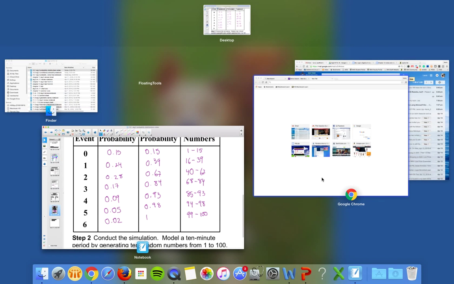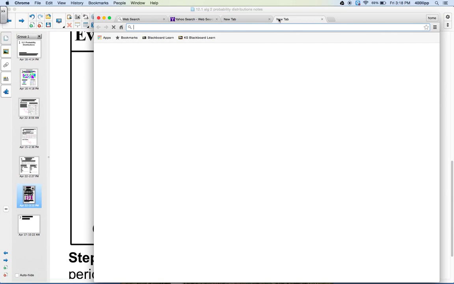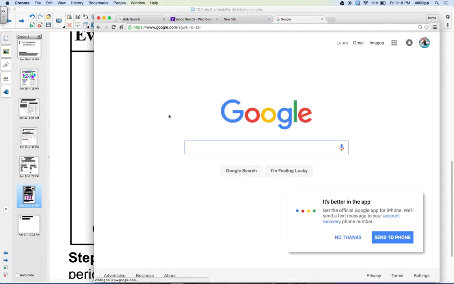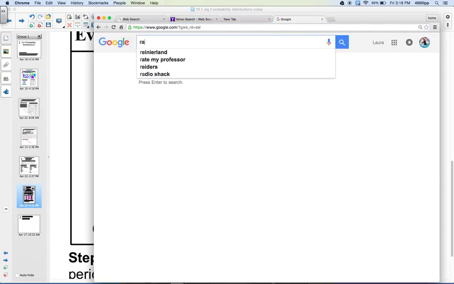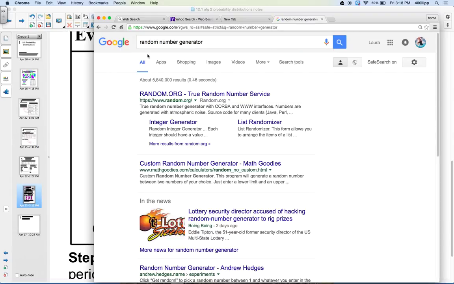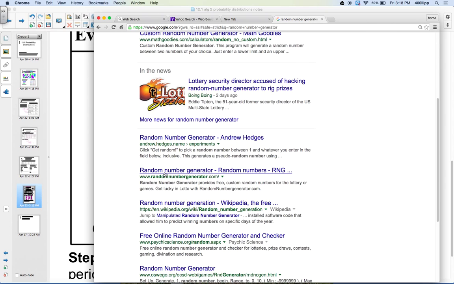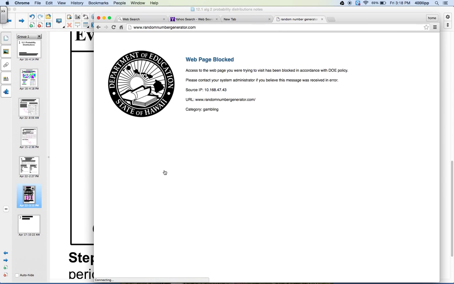So what we're going to do here is we're just going to Google a random number generator. So random number generator here, see what comes up with that. And let's see, you can use any of these here. Oh, apparently not that one.